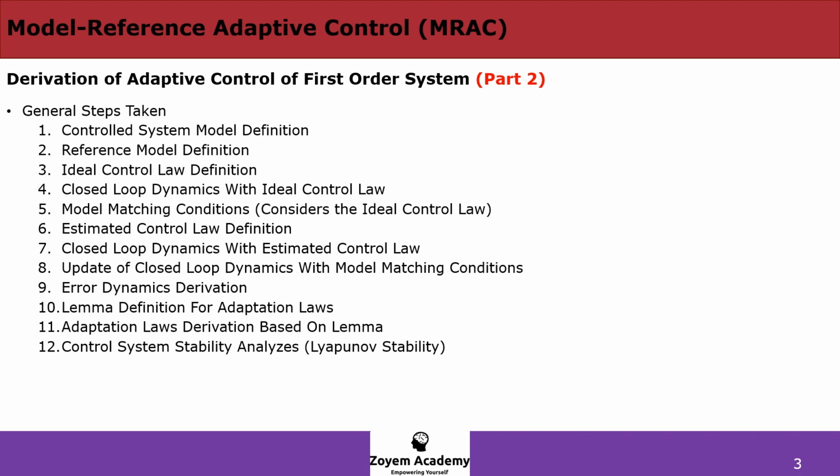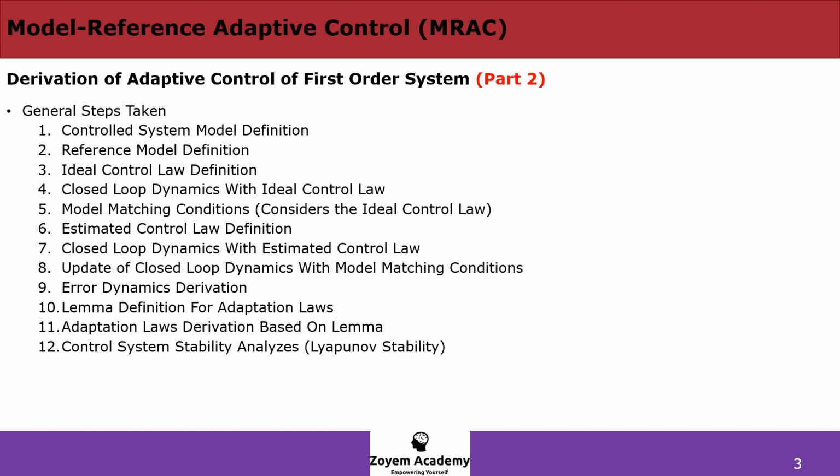And from that, since we know that the parameters are not always perfect, we define a new estimated control law, which is actually the same as the ideal control law, but with estimated control parameters. And so we will take that estimated control law and substitute it again inside the plant model to get a closed loop dynamics with an estimated control law.